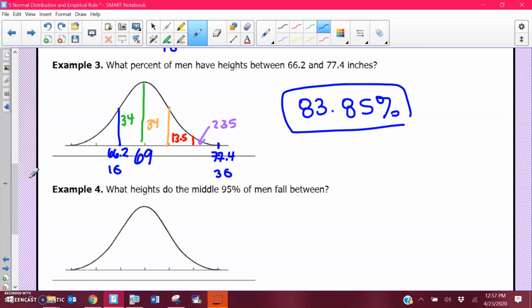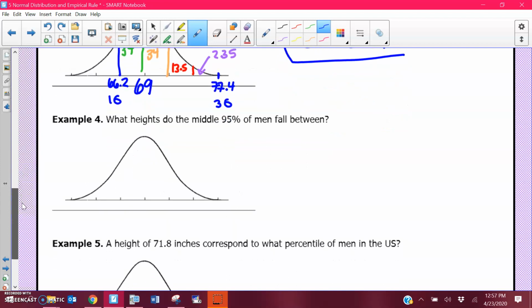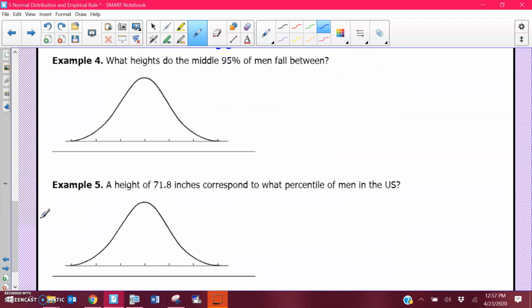The next one: what heights do the middle 95% of men fall between? Well, this is super easy because 95% is one of the parts of the empirical rule. 68, 95, 99.7, just memorize it. So this is 2 standard deviations away from the mean. I don't even really need to label this. I can take whatever my mean is and add 2 standard deviations, and take whatever my mean is and subtract 2 standard deviations.